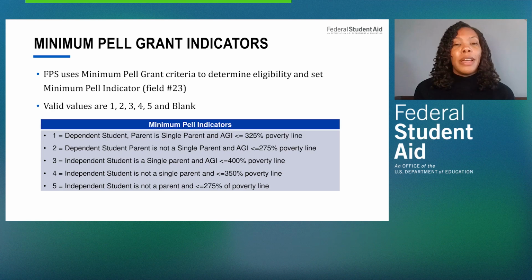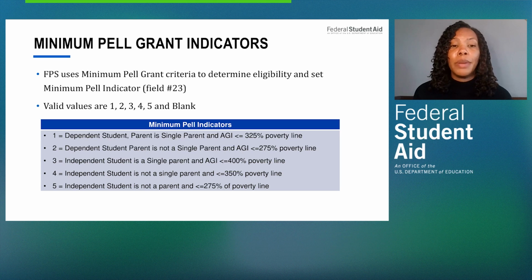For minimum Pell Grant indicators, you have indicator values 1, 2, 3, 4, 5 and blank. 1 is for dependent students where the parent is a single parent, and the AGI is equal to or less than 325% of the poverty level guidelines. Value 2 is for dependent students where the parent is not a single parent, where the AGI is 275% or less of the poverty level guidelines.